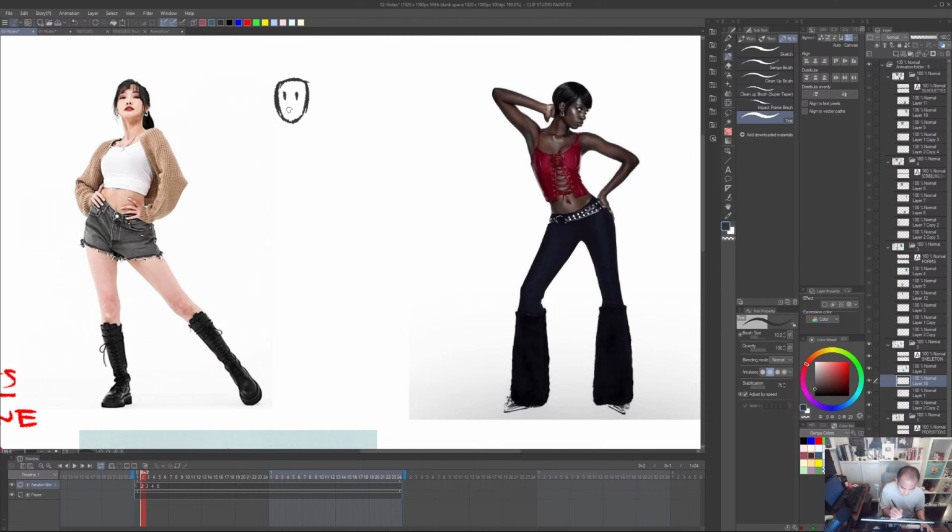I'll just put the eyes over here and the mouth, very simple, just dots and whatnot, right? And then I remember the direction of the face. It's a little bit up over here. You can add the ears just to show that she's looking up. So I can determine the direction of the face with a simple drawing like this.